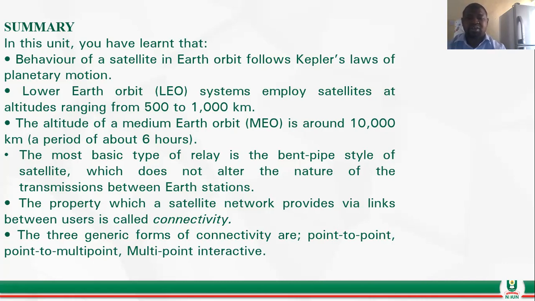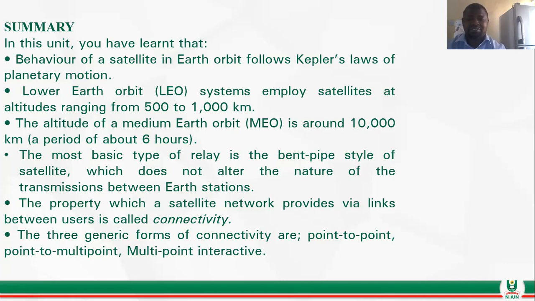Okay. The altitude of a medium Earth orbit, MEO, is around 10,000 kilometers, with a period of about 6 hours. Now, the most basic type of relay is the bent pipe style of satellite, which does not alter the nature of the transmission between the Earth stations.